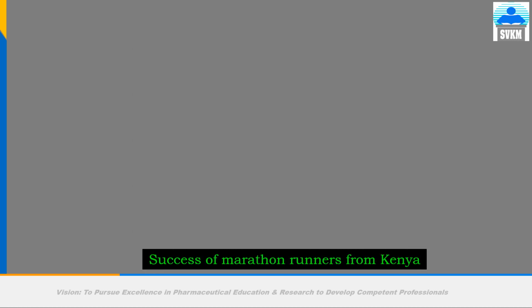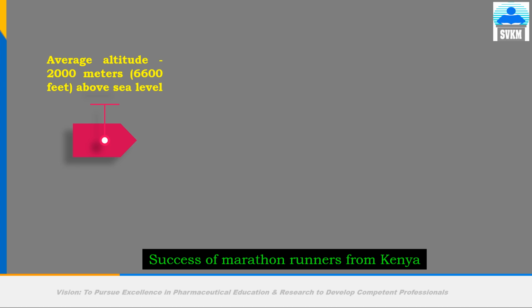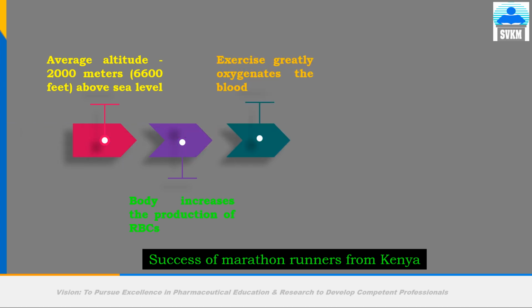Now the success of marathon runners from Kenya. The average altitude throughout the Kenya highland is about 2000 meters, that is 6600 feet above sea level, and other areas of Kenya are even higher. The body increases the production of red blood cells, which means that exercise greatly oxygenates the blood.